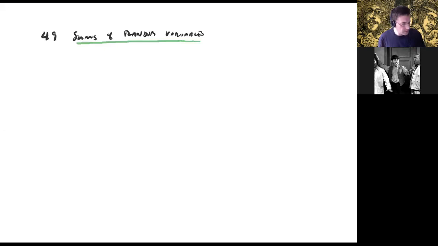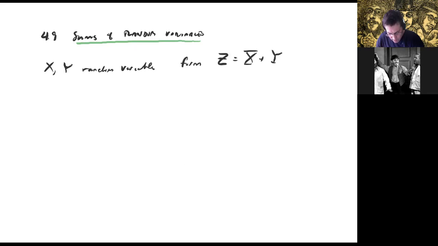So 4.9 is about sums of random variables. So what do I mean by that? For example, if X and Y are random variables on the same sample space, you can form a new random variable Z, which is X plus Y. An example of this might be, let X be the outcome of a roll of a red die, and let Y be the outcome of a roll of a green die, and then X plus Y is the sum of the dice.